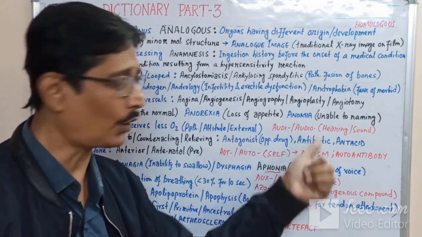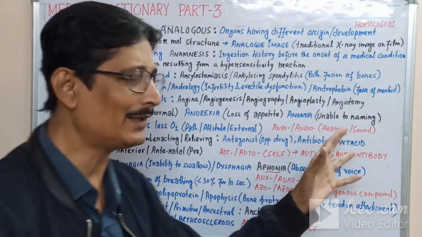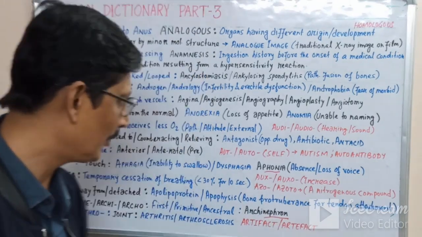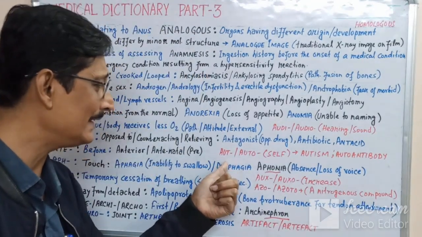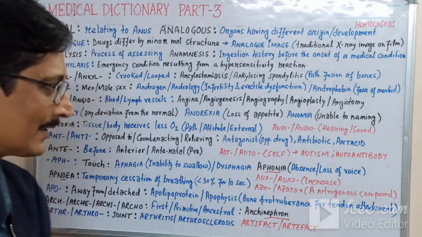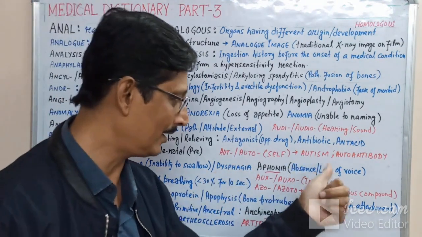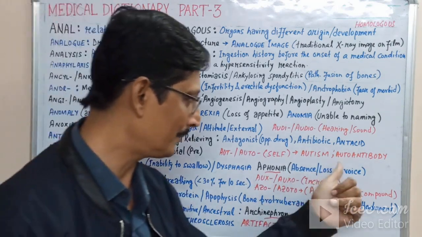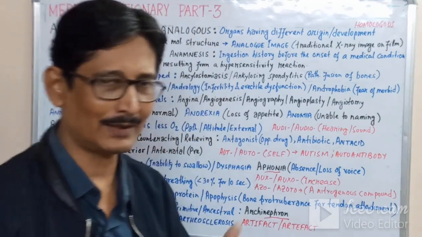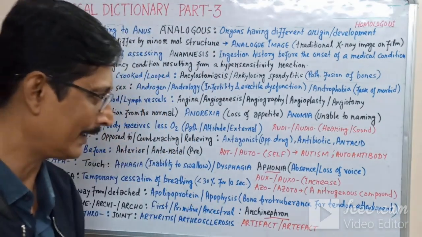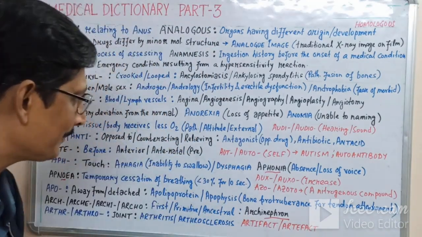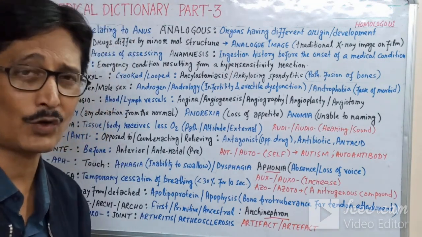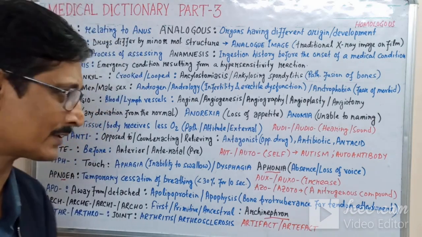Now audi or audio means hearing or sound, like audiology or audiometry. You must have heard about that. Or AUT or auto means self, like autism, a disease for ill-developed babies, or autoantibody, which is generally happening in our body, automatically occurring in our body and destroying our own organs or cells.